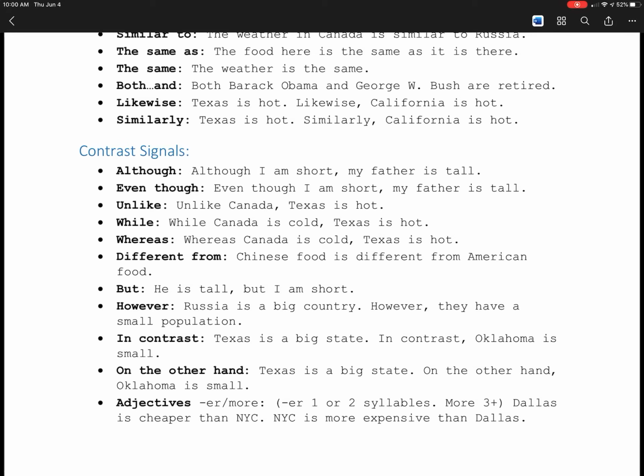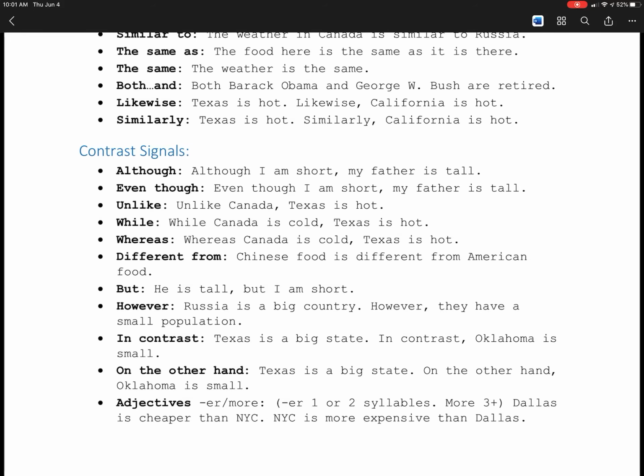It's the same thing for in contrast and on the other hand. Texas is a big state, period. In contrast is a new sentence and then a comma. So those three will be the same, but on both sides we need something different. Russia is big, however they have a small population. Texas is big, Oklahoma is small, big, small. Make sure you have something different on both sides.